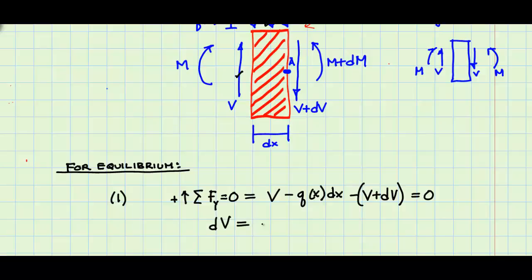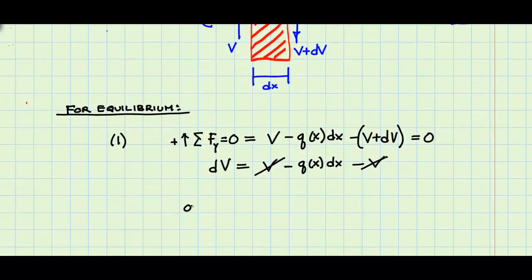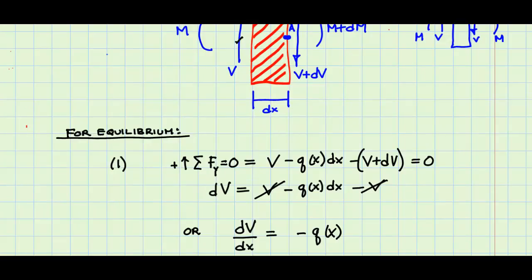Rewriting the equation, we solve for dV, the change in shear. On the right side, the two terms V cancel. Then we can see that the change in shear dV over a distance dx is just equal to minus the load q at x.